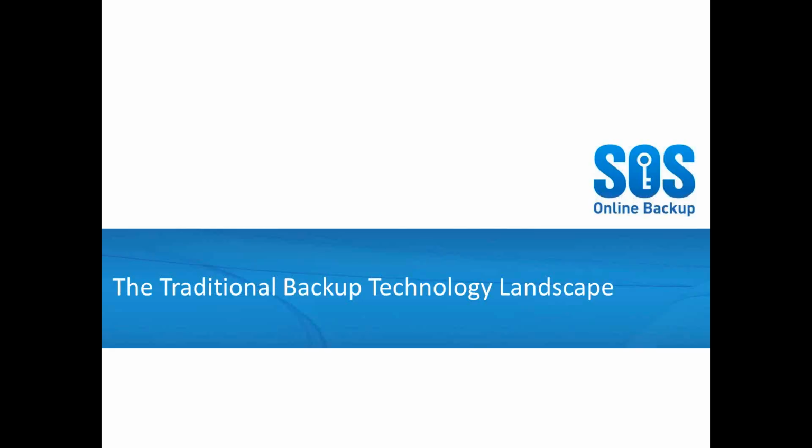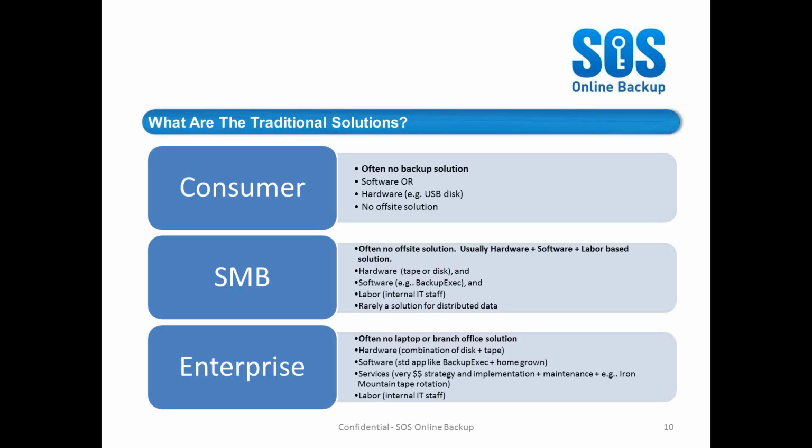I'm going to jump into what we typically see in the market. Most of you are going to be familiar with this because you're here now, interested in how to make some money with an online backup service. Most of the time, I'm going to start with consumer and small office, home office. But just across the board, the biggest point of security failure is at the user level.